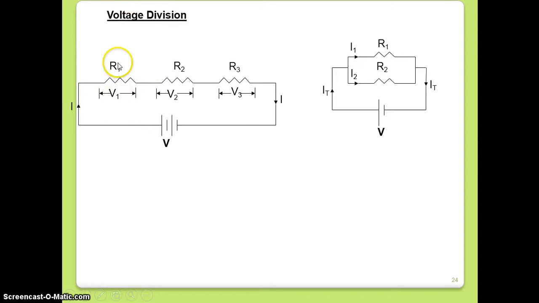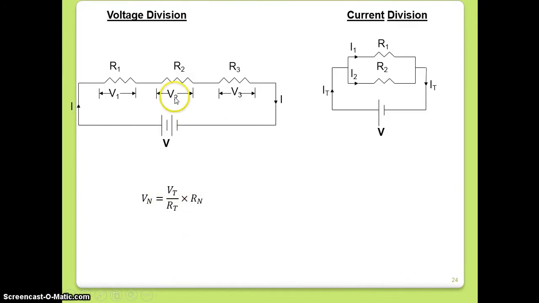How do you calculate this voltage divided? Is by a voltage division rule, which is represented by the equation Vn is equal to V total over R total multiplied with Rn. For example, if you want to calculate V1, then the equation will be V1 is equal to Vt over Rt multiplied with R1.